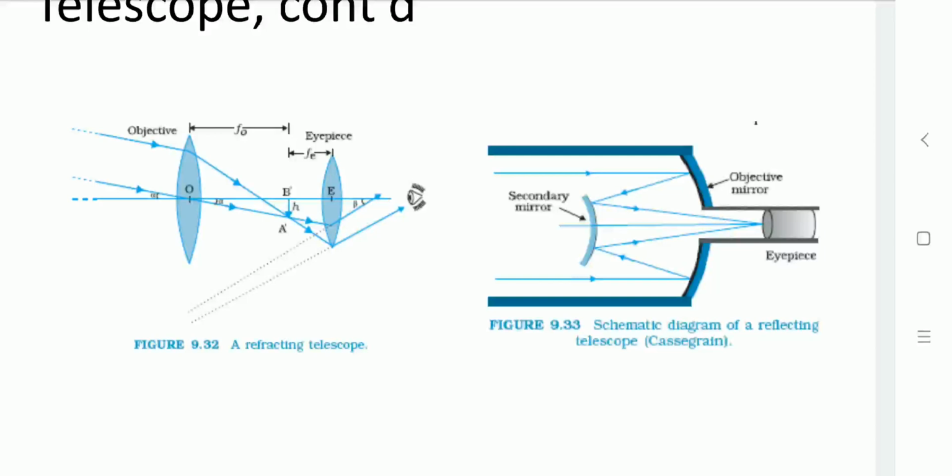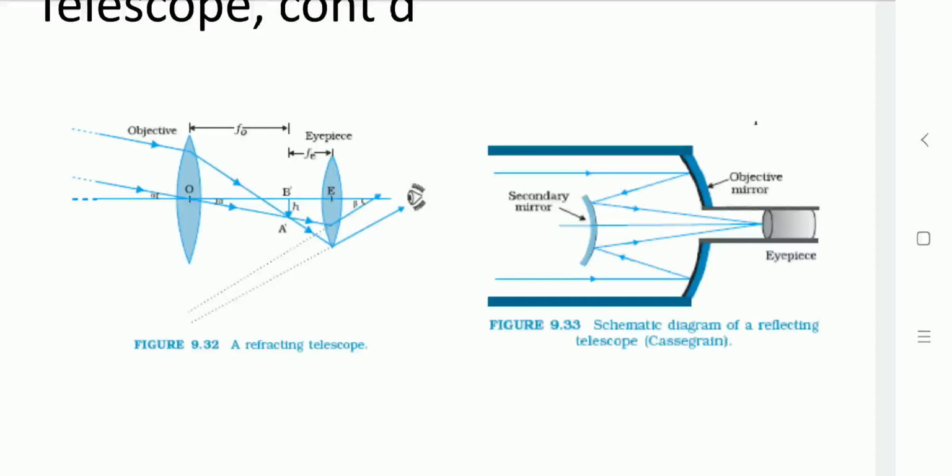Light comes from the distant object and enters the objective lens, which forms a real image in the tube at the second focal point. This eyepiece lens magnifies the image to get the final inverted image.